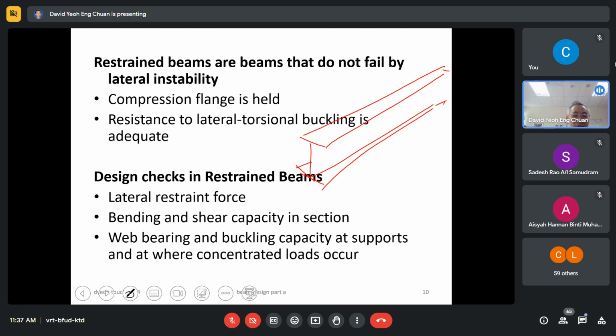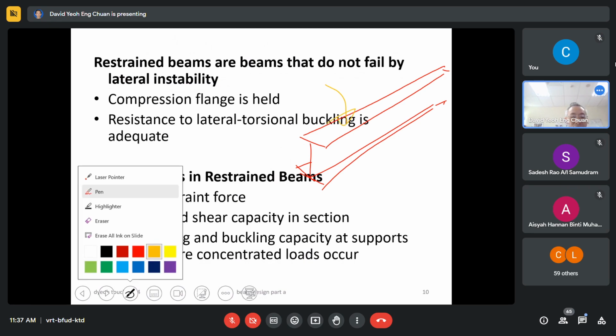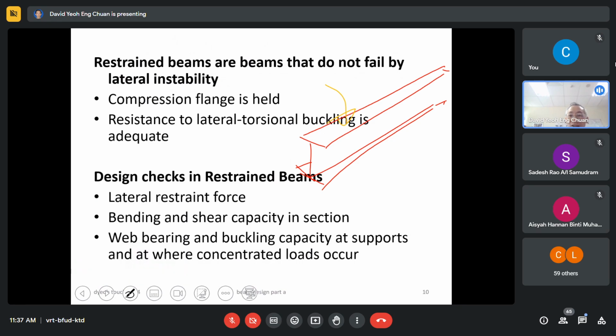Where's the compression flange? The top one is the compression flange. If it is unrestrained, then this one will have the tendency of going left and right. That's the lateral transverse movement, instability.